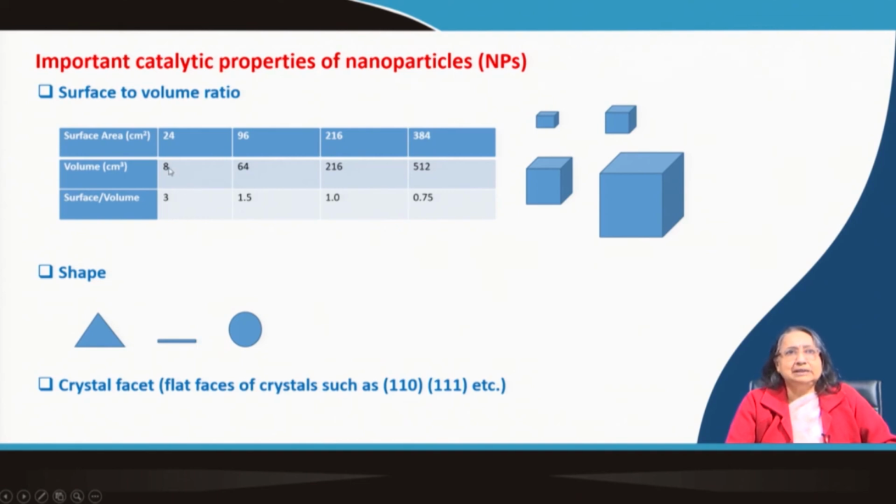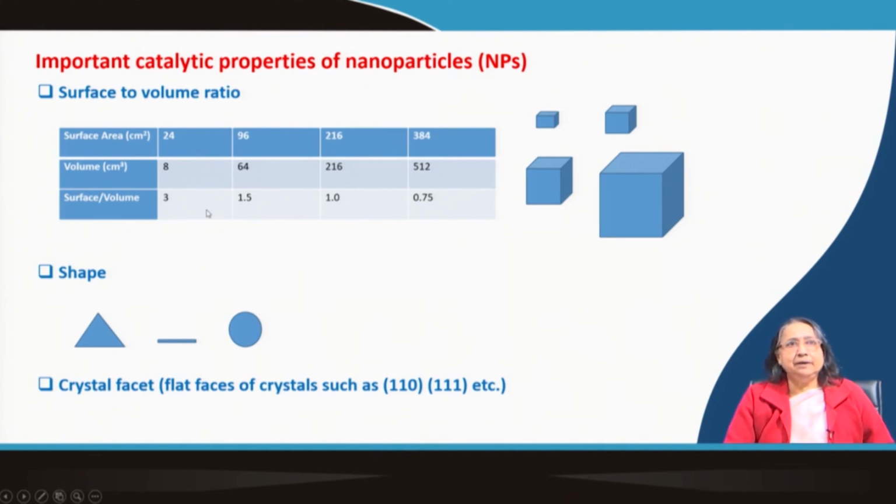For example, this is 2 cubed, then this is 4, then 6, then 8, like this. Then you can calculate the surface area easily, as there are 6 surfaces. Then volume is this one, surface area is this one. So, what is the surface to volume ratio?